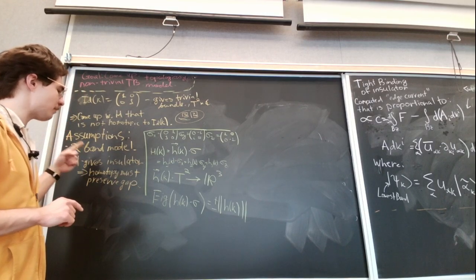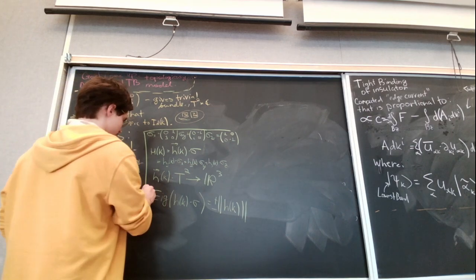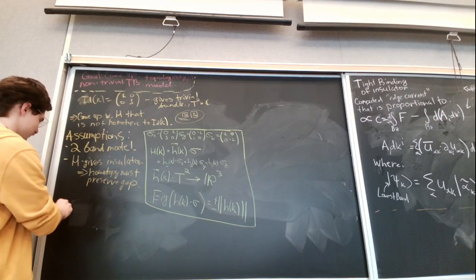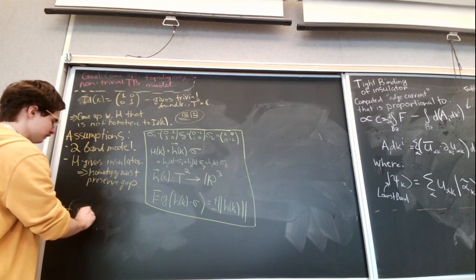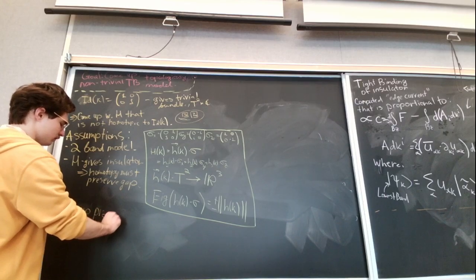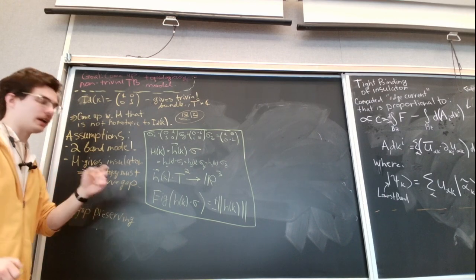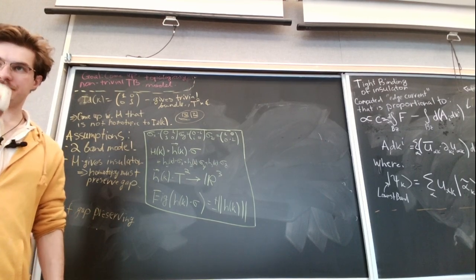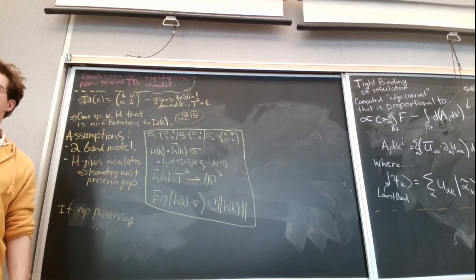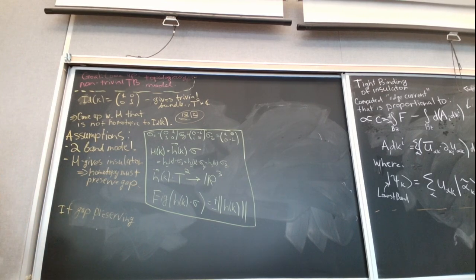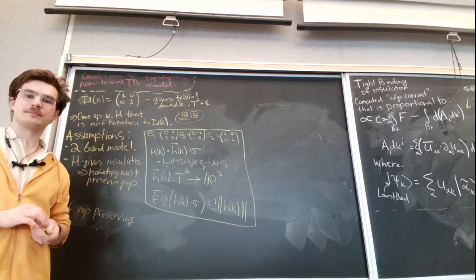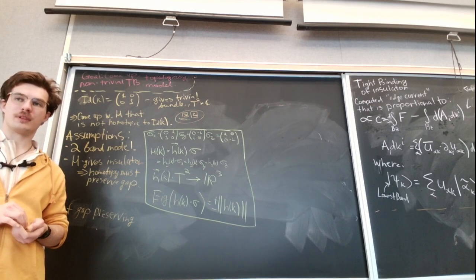So if my thing is gap preserving, if my thing preserves the gap, what does this mean about h of k? If I always have a gap, it never vanishes. Yeah, that's right.